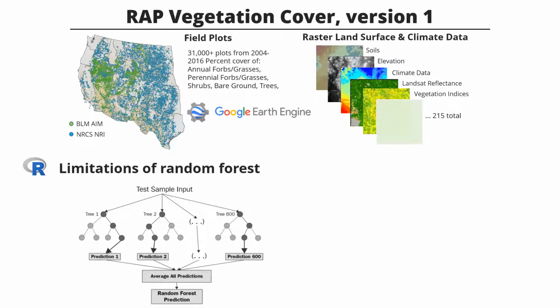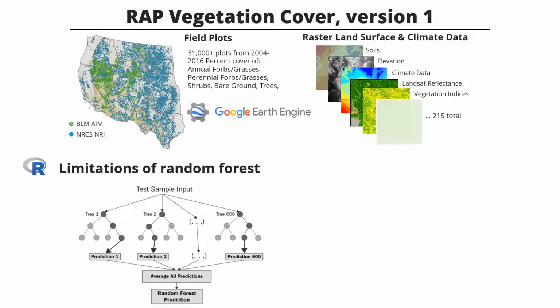It has some limitations as well. With random forest, you're essentially training a bunch of different decision trees, which is where the random forest concept comes from, and then averaging all of those predictions.